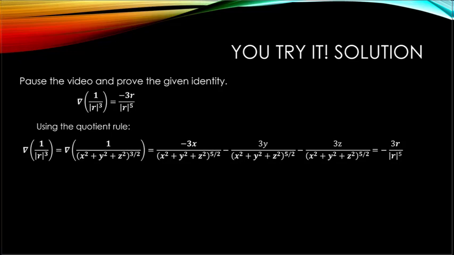This gives me negative 3x over the quantity x squared plus y squared plus z squared to the 5/2 power, minus 3y over the quantity x squared plus y squared plus z squared to the 5/2 power, minus 3z over the quantity x squared plus y squared plus z squared to the 5/2 power. This is equal to negative 3 times the vector r over the magnitude of r raised to the fifth power.